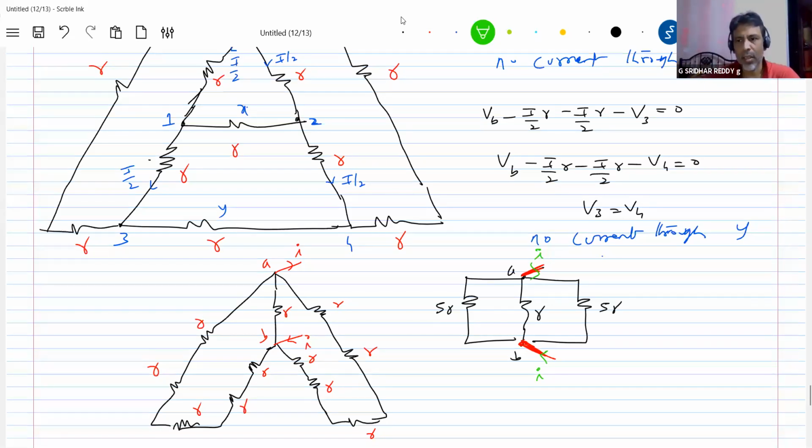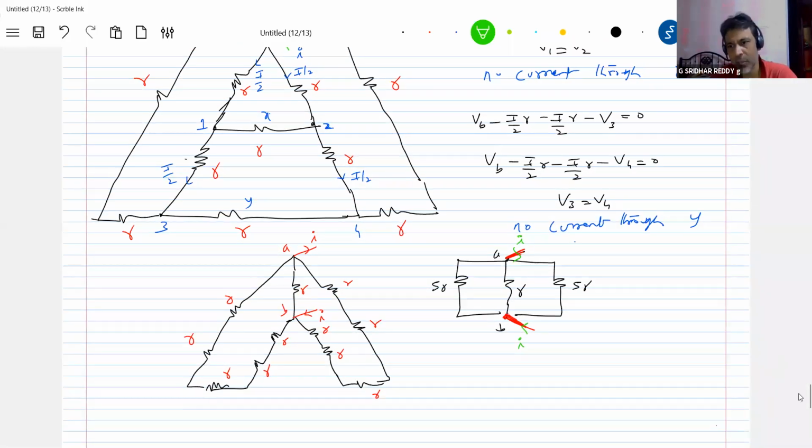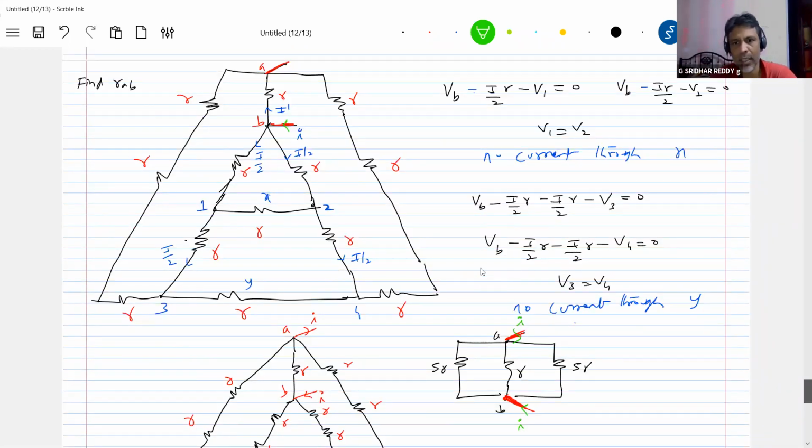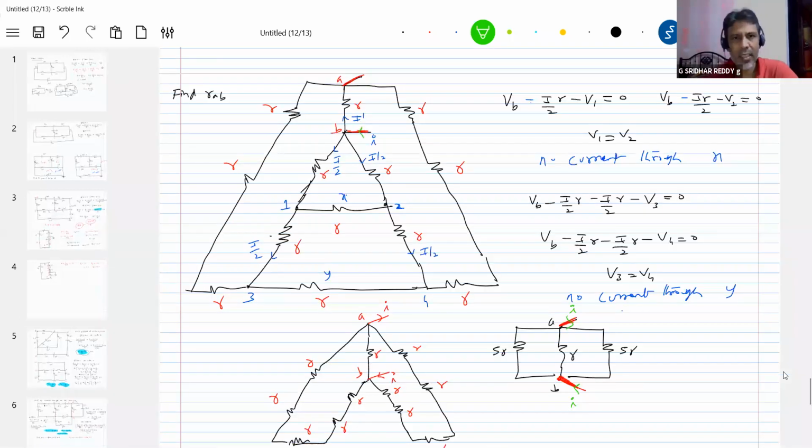Sir, how do I identify that? How do I come to know which resistor to remove? That is the procedure you have to follow here. How do I know in which resistor no current flows? A resistor connected across equipotential points has no current through it, and that resistor should be removed.